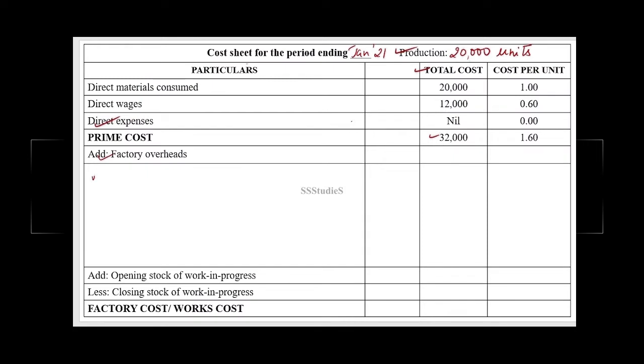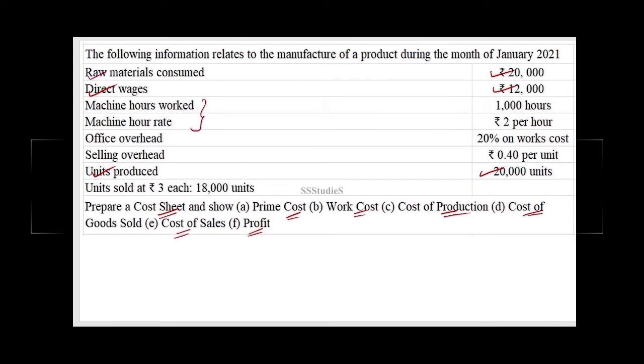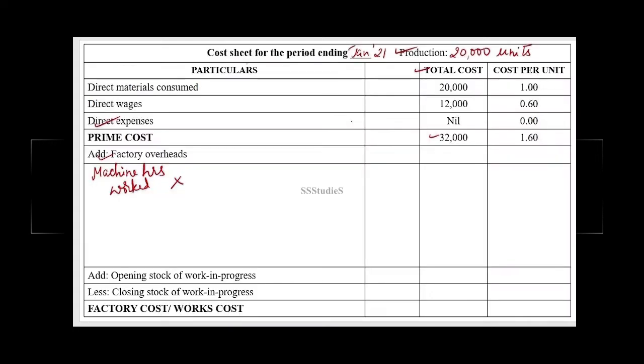So factory overheads will be machine hours worked into machine hour rate.